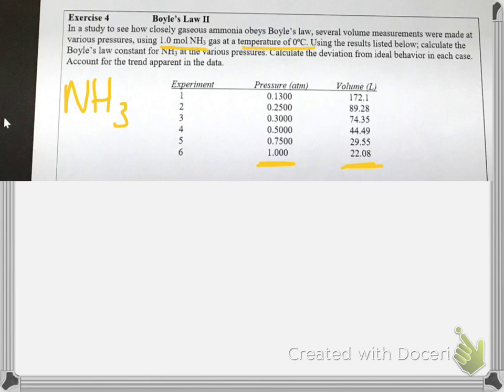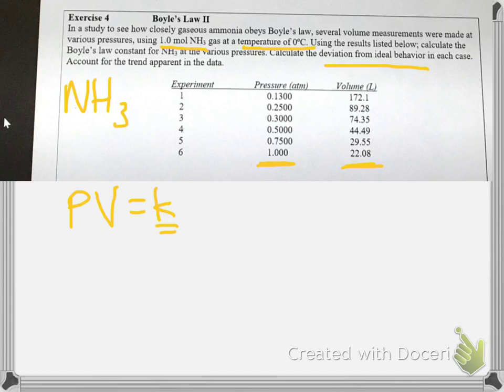So we're holding our moles and our temperature constant. Using the results listed below, calculate Boyle's law constant. When we're talking about Boyle's law constant, P times V has to equal a constant. So we're going to be calculating that constant for ammonia at various pressures. Calculate the deviation from ideal behavior in each case.